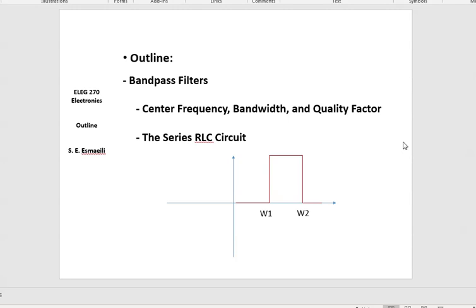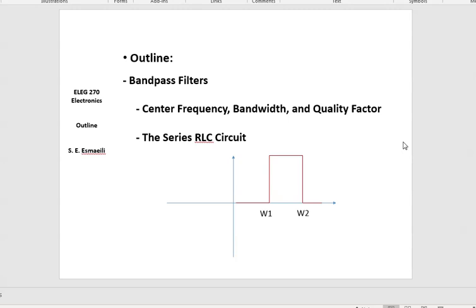So, as we discussed in class today, we have already covered all these frequency selective structures, and mainly filters, and we discussed the low pass and high pass filters. In those lectures, we learned how to find the transfer function of each low pass and high pass filter, and also how to make a circuit that can give us the low pass or high pass function.